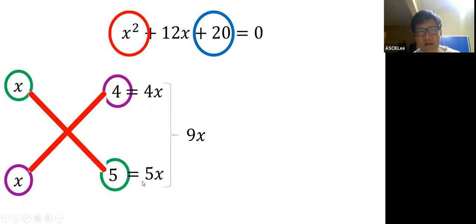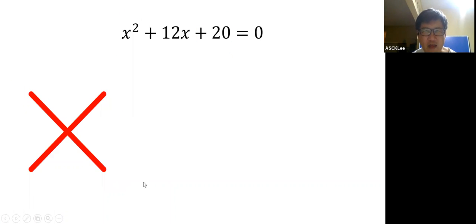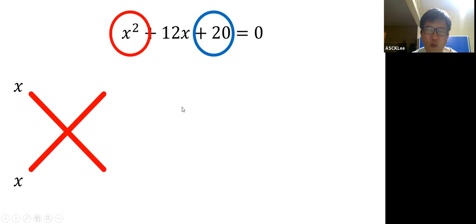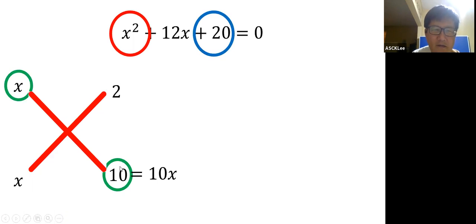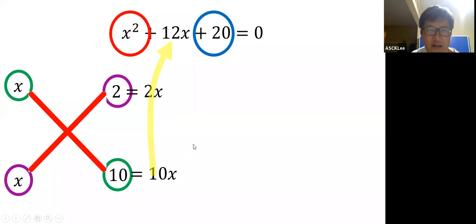All right, so let's go through the question with another combination, and this time x squared is x times x. For 20 we get 2 times 10, and when we multiply diagonally, you see x times 10 is 10x, and x times 2 is 2x, and now 10x plus 2x equals 12x, which means that you have hit your factors.